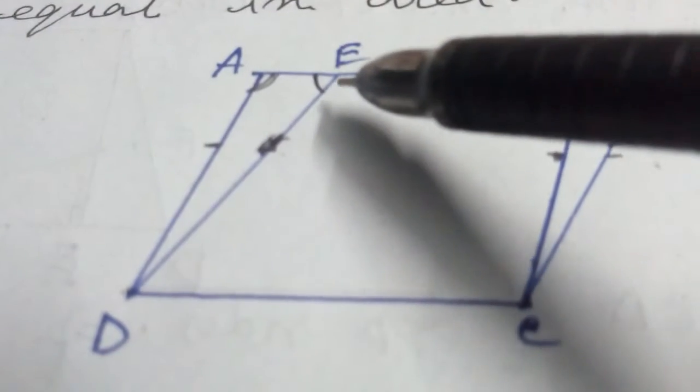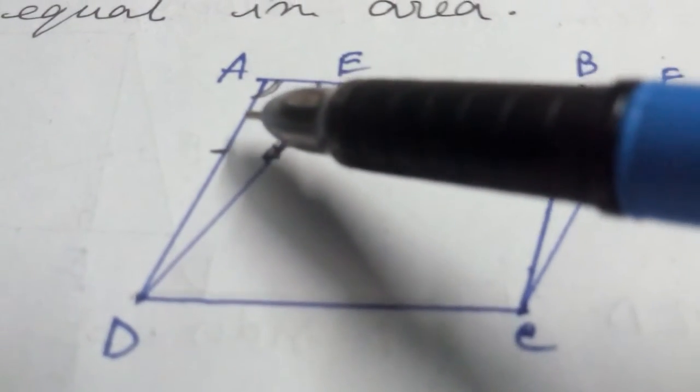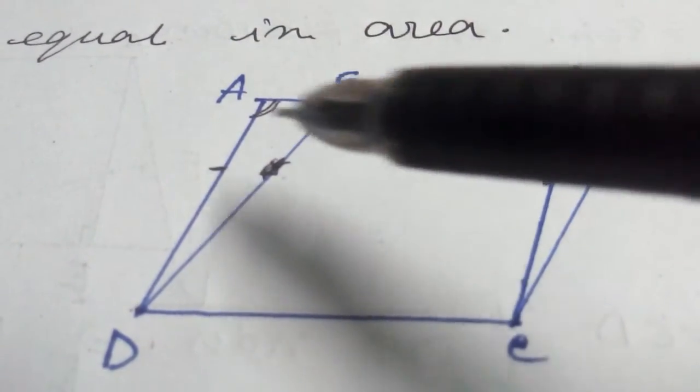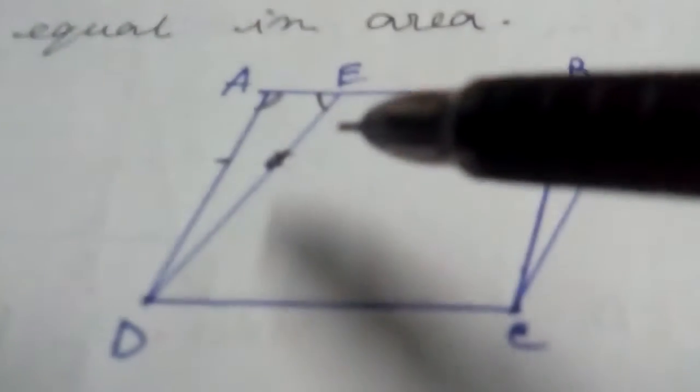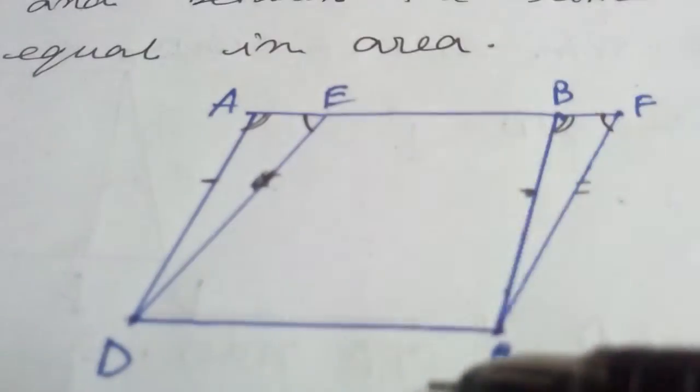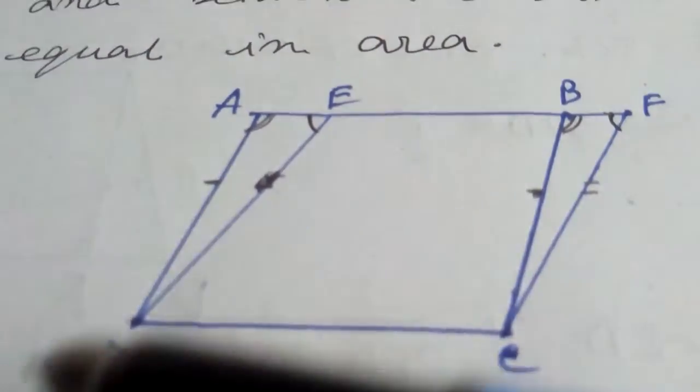Now, congruent triangles have equal area. So, area of ADE is equal to area of BCF. Now, on both sides, we add the area of BCDE.